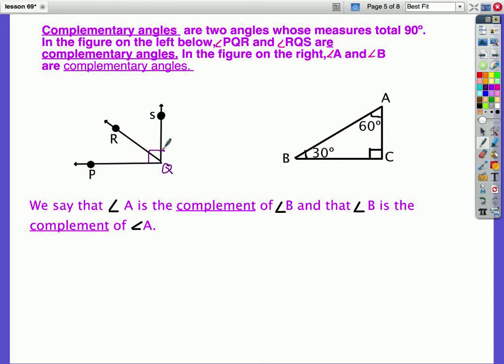So both angles together are complementary because they form 90 degrees. In the figure on the right, angle A and angle B are complementary angles, because if we add them up, the 30 degrees plus 60 degrees, we get 90 degrees. So we say that angle A is the complement of angle B, and angle B is the complement of angle A. Okay? So remember, complementary angles are 90 degrees.